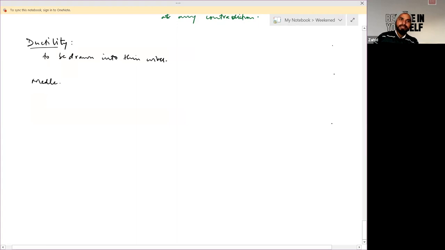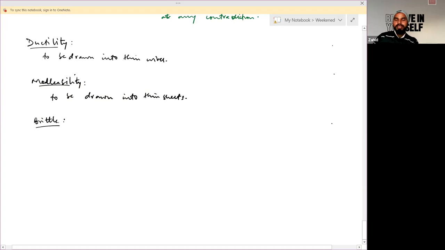So ductility is to be drawn into thin wires on beating, and malleability is to be drawn into thin sheets on beating. And there is one more property, that is brittle nature.